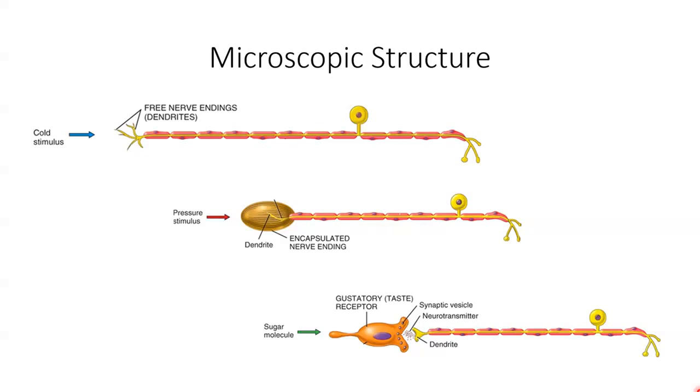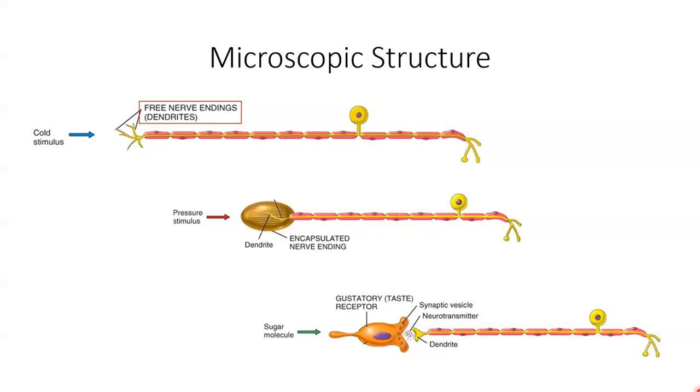Free nerve endings of sensory neurons, encapsulated nerve endings of sensory neurons, or separate cells that then synapse with a sensory neuron. So our free nerve endings are bare dendrites that lack any kind of structural specialization.